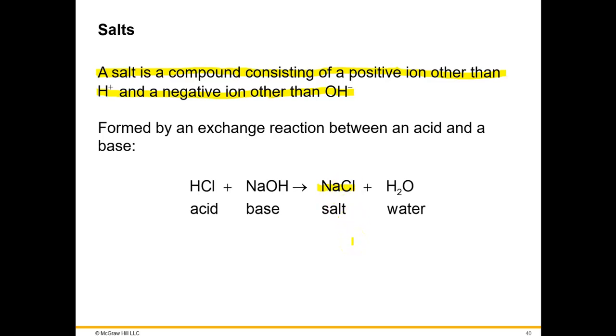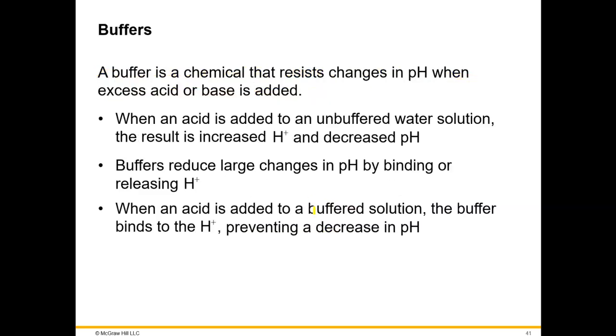Sodium chloride is the most common one, and it is the chemical formula for table salt, but there are other salts. Salts would be anything where you have a positive ion joined with a negative ion, as long as neither ion is hydrogen or hydroxide. So as long as neither one of these is an H or an OH, then we call it a salt.